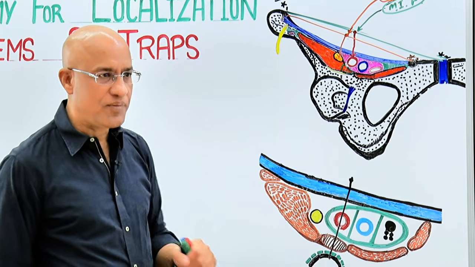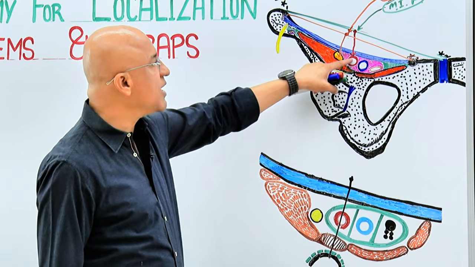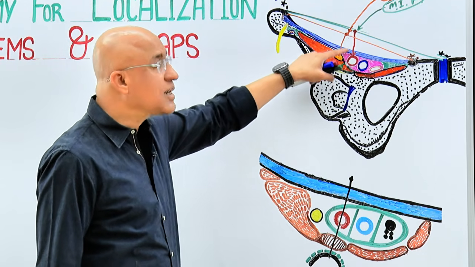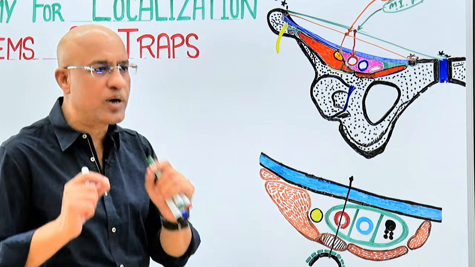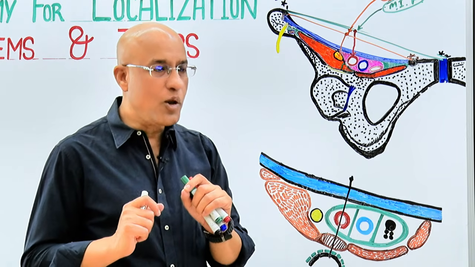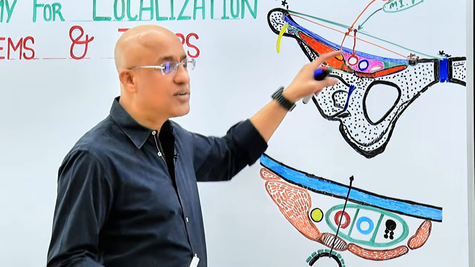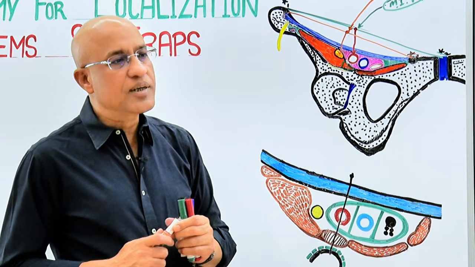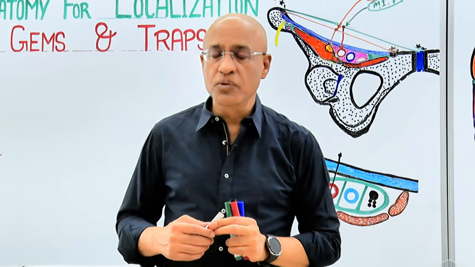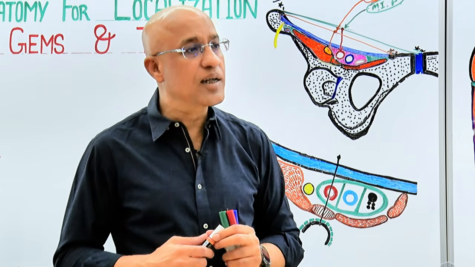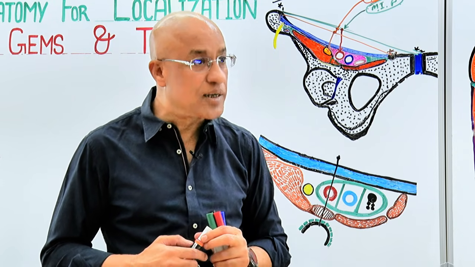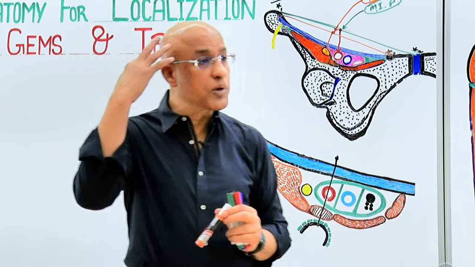For two purposes. Number one, when you localize the artery, you know the nerve is lateral. Number two, you may not inadvertently inject local anesthetic into the artery, because if local anesthetic in high dose is given into systemic circulation, that can lead to severe problems in the heart, cardiac arrhythmias, and it can even produce seizures.